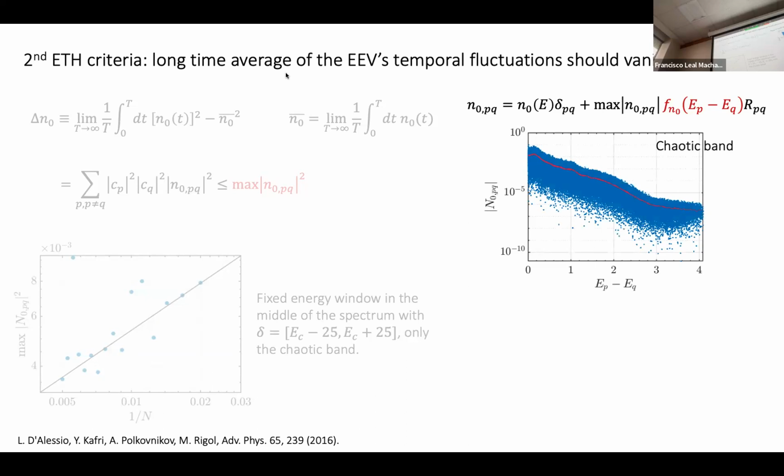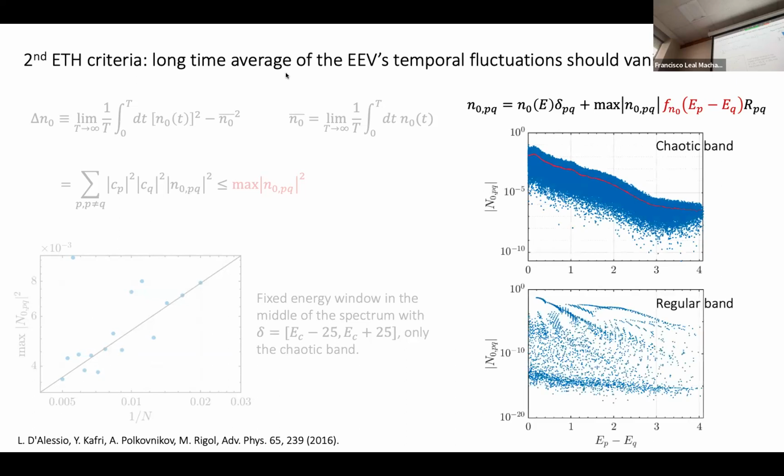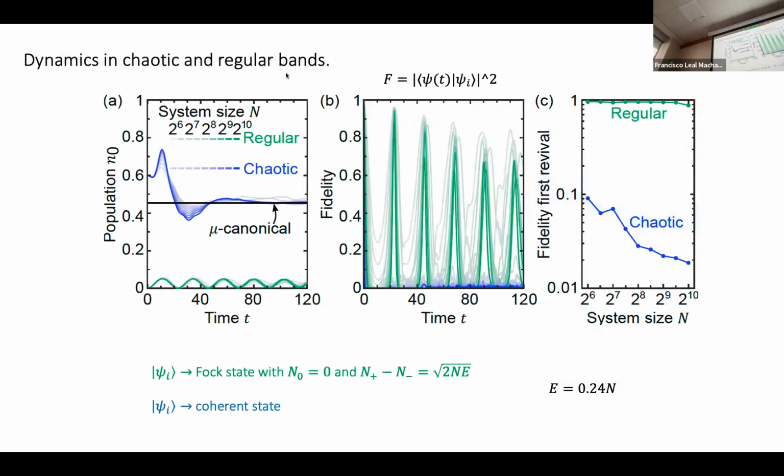This red line here is a moving average of it. This is in contrast with the regular band, which is really scattered around, like the machine precision here. So from here, we can say that the chaotic band states are indeed satisfying the ETH, while the regular bands are violating it.